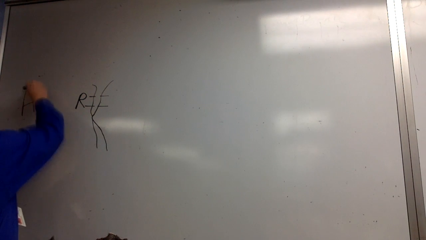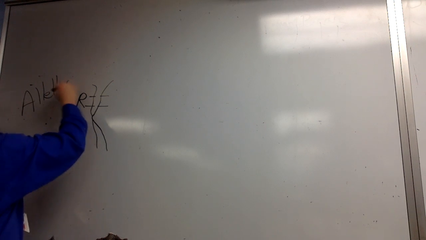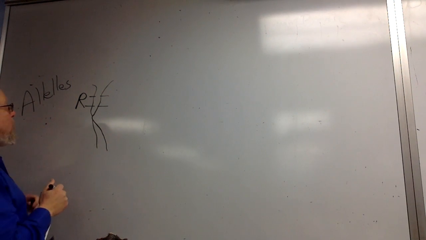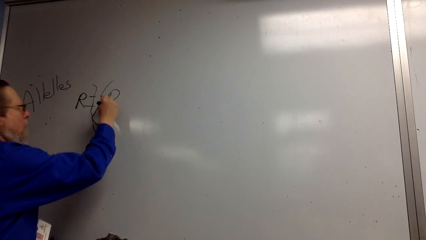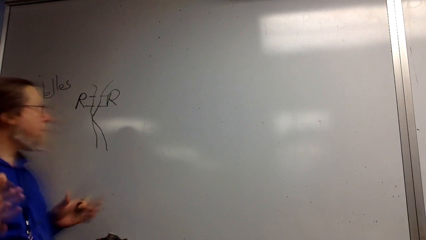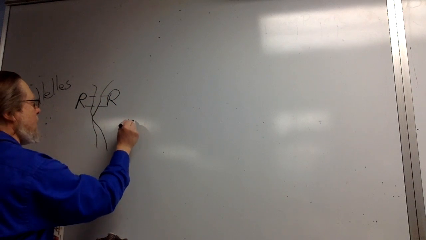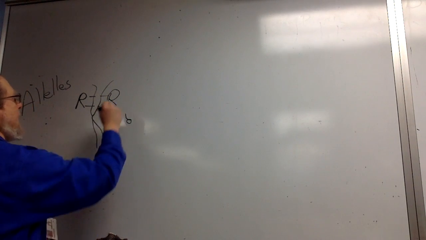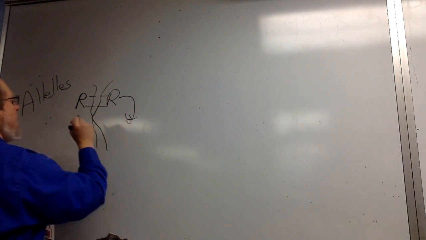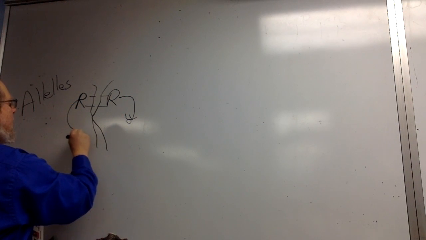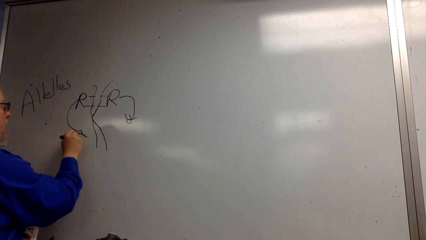I'll write that. 2 possible variants for that gene, and we are going to look more at what those variants are in peas, but right now, just looking at 2 of these alleles, when the pollen is formed, in the case of peas, or essentially when the sperm are formed at the end of a process called meiosis, each one of those individual male parts is going to get one allele or the other allele, but not both.